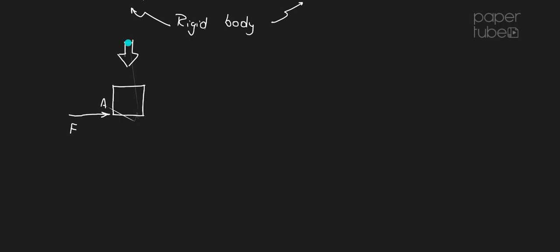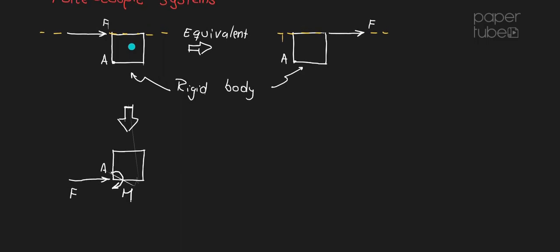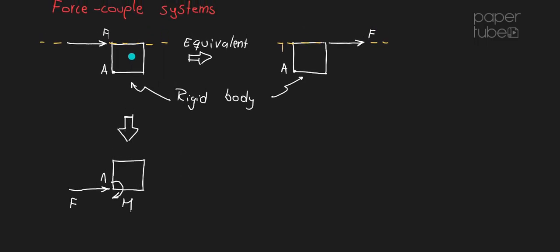Well, what we need to do is we need to add a moment, right? Add a moment, and I'm going to do that moment with this symbol. And by adding that moment, now the system on top and the system at the bottom are going to be equivalent.